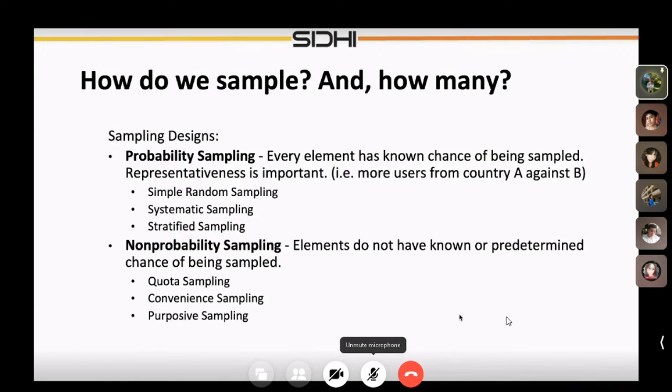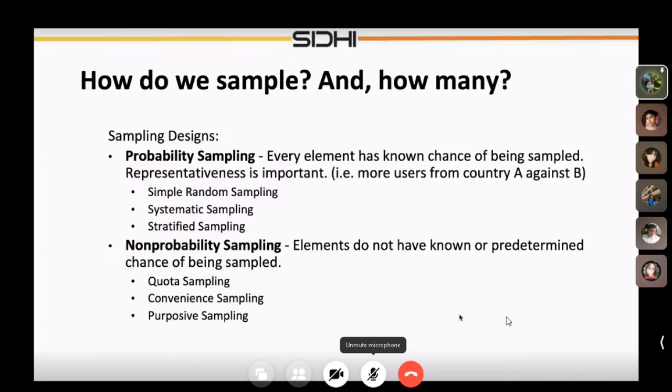And it happens more in marketing terms. So convenience sampling, purposive sampling, and quota sampling. Convenience sampling is simply whoever is an available person to answer a survey, you would just sample from them. You would not have a specific set of criteria to sample.